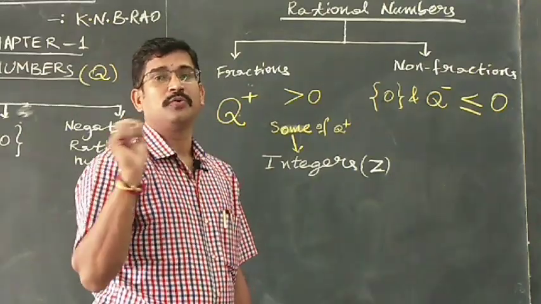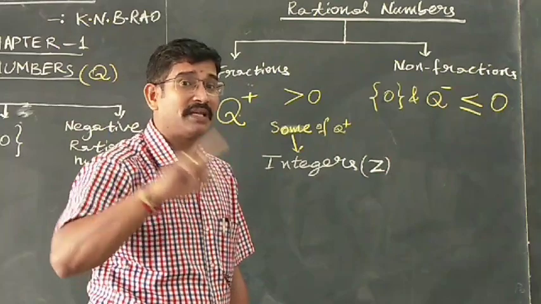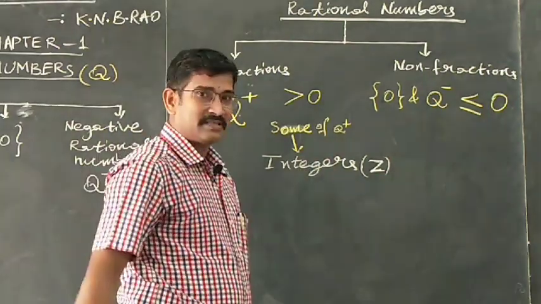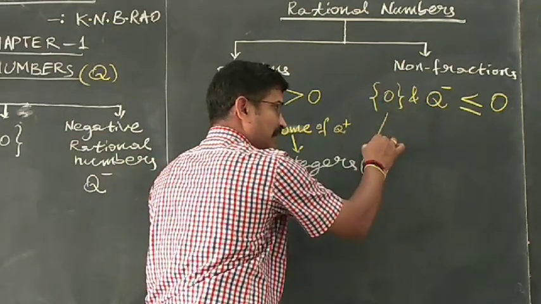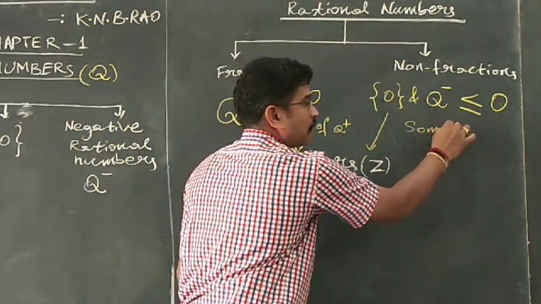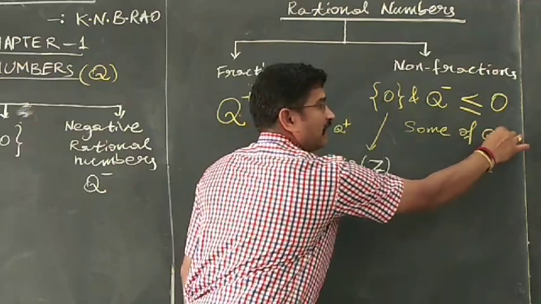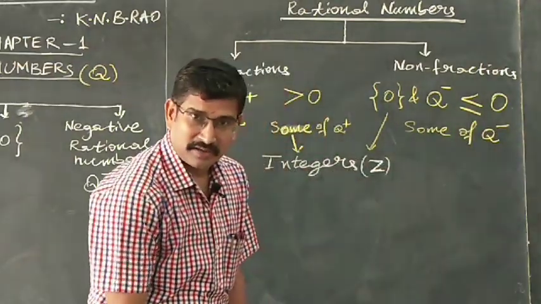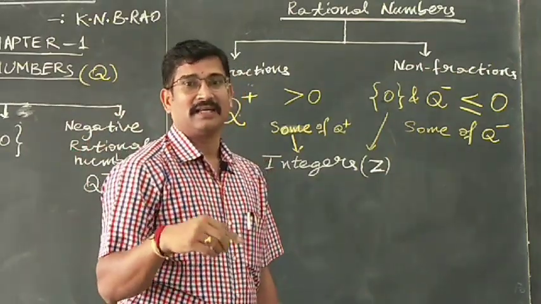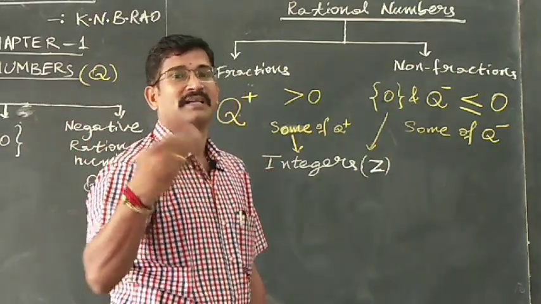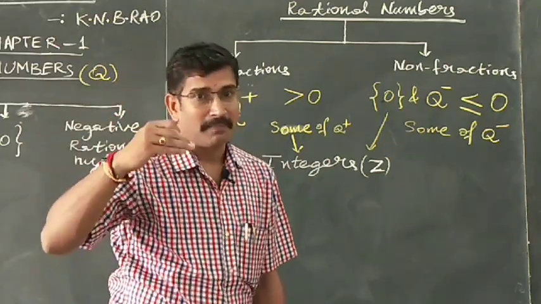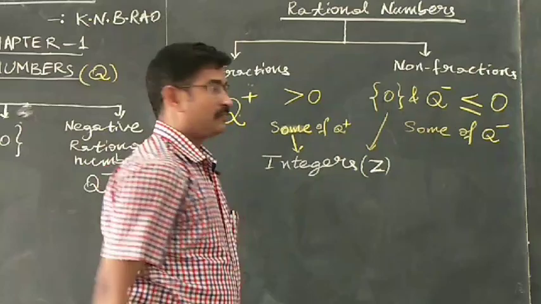All the positive rational numbers with the denominator 1. They come under integers. 0 comes under integers, and some negative rational numbers whose denominator is 1, like minus 1 by 1, minus 2 by 1, minus 3 by 1 and so on. They all come under integers.